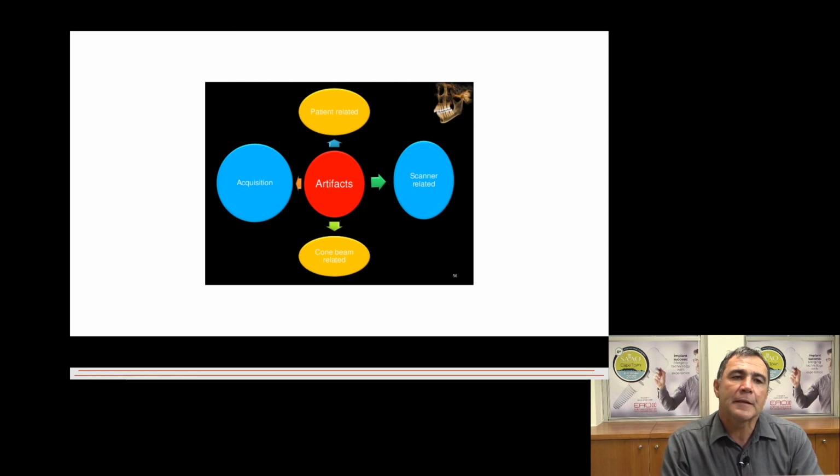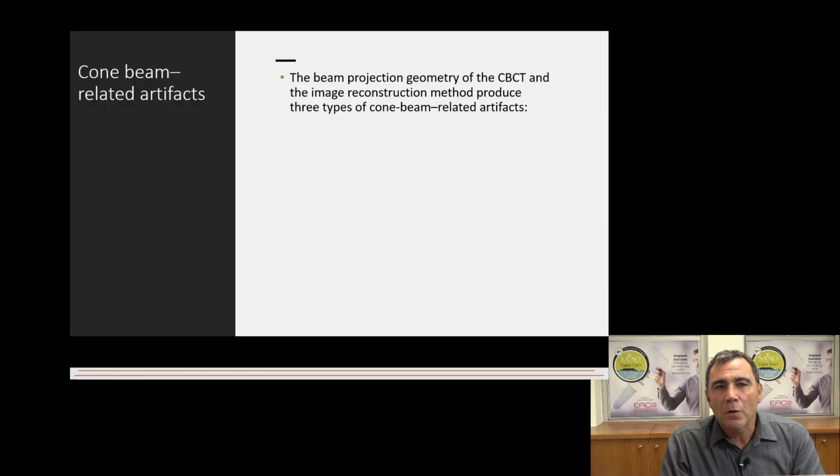The artifacts are factored in by the patient himself, the size, all of the factors that I've mentioned above, the acquisition thereof, the scanner related matters, and then the cone beam itself. The last thing that I would like to say before going over to the practical side is what is cone beam related artifacts.